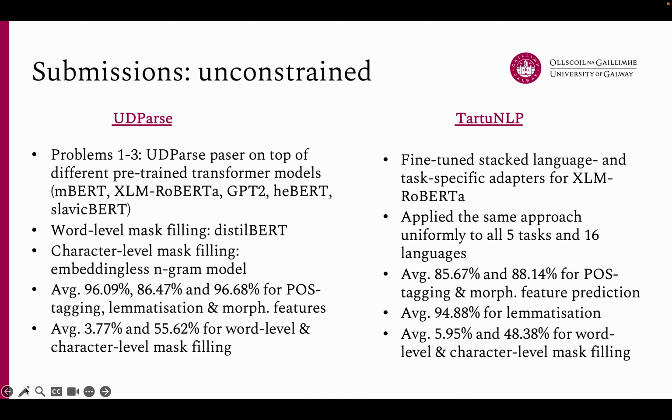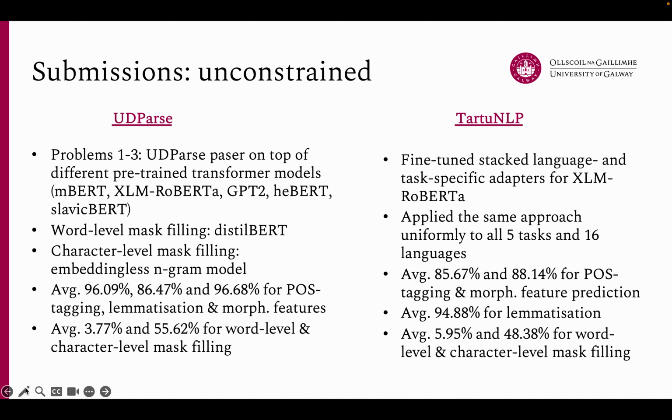The Tartu NLP team from the University of Tartu applied the same approach uniformly to all tasks and all 16 languages. This approach was fine-tuning stacked language and task-specific adapters for XLM Roberta. Although their system is outperformed by UDParse, this is probably explained by the effectiveness of the UDParse morphological parser rather than by the quality of embeddings employed by either team.